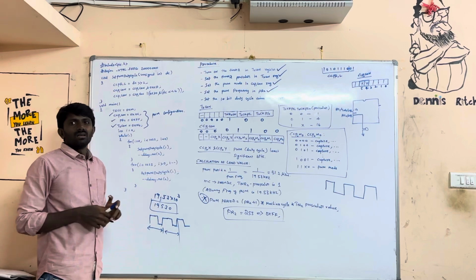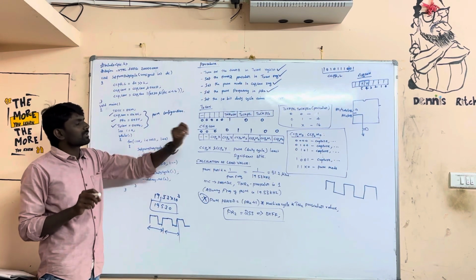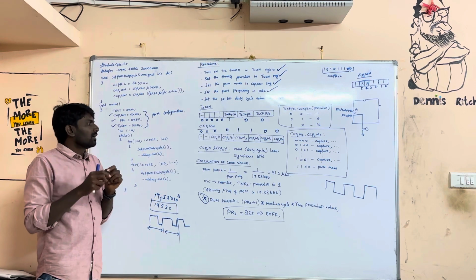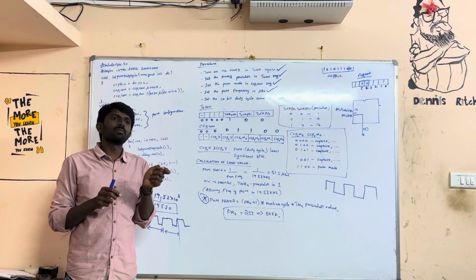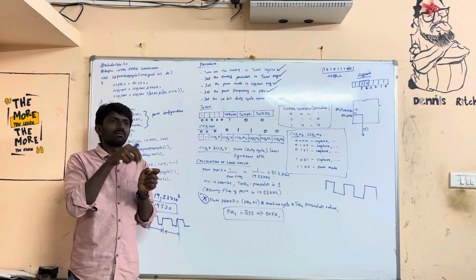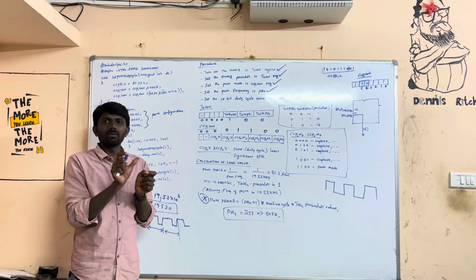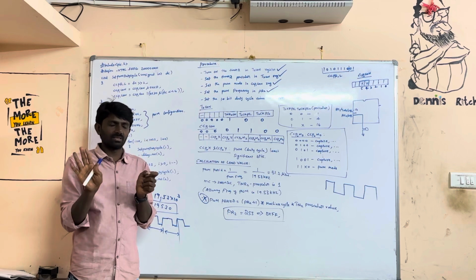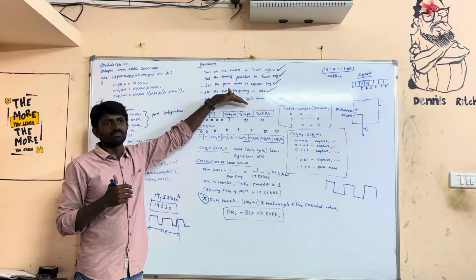See here, the interviewer is not expecting everything. They will not expect which bit you are enabling or which register you are using for Timer 2, or the particular name and bit. So don't worry about that. Just remember what you are doing.